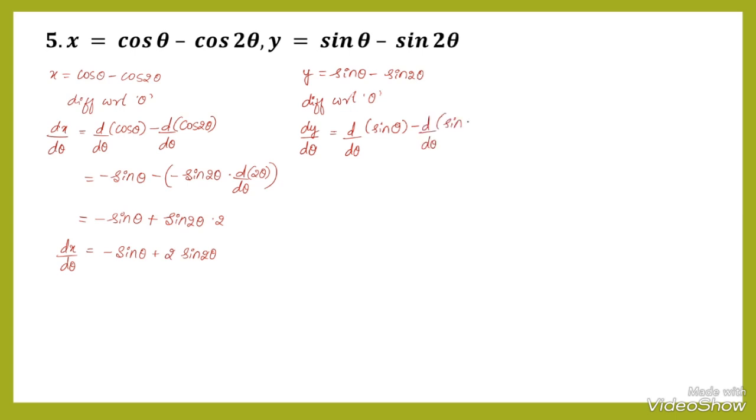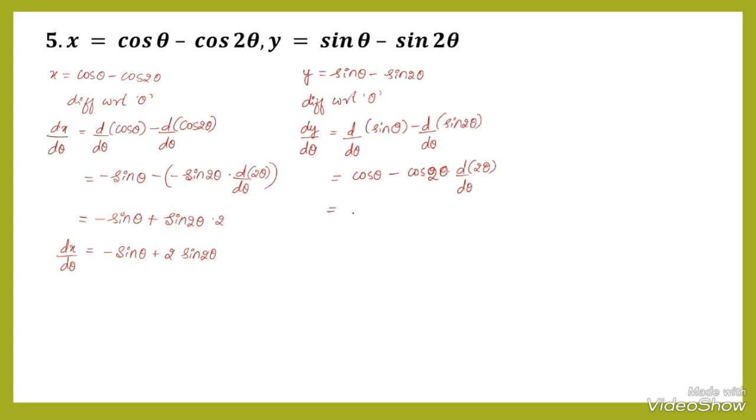Differentiation of sin theta becomes cos theta, minus the differentiation of sin 2 theta, which is also cos 2 theta. In place of theta we have 2 theta, that's why I'm taking differentiation again with respect to theta.